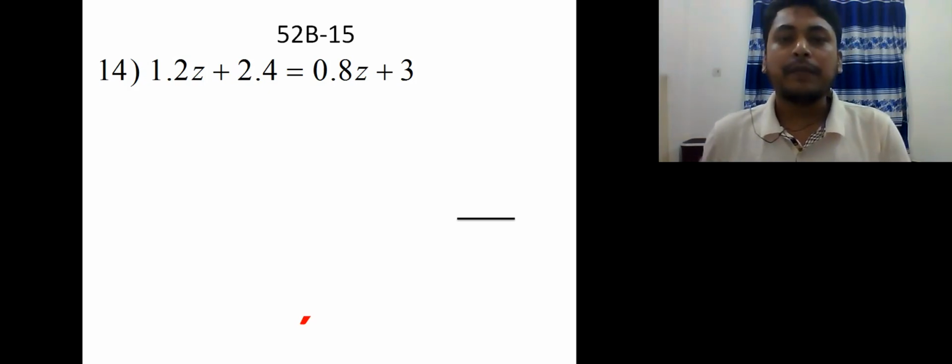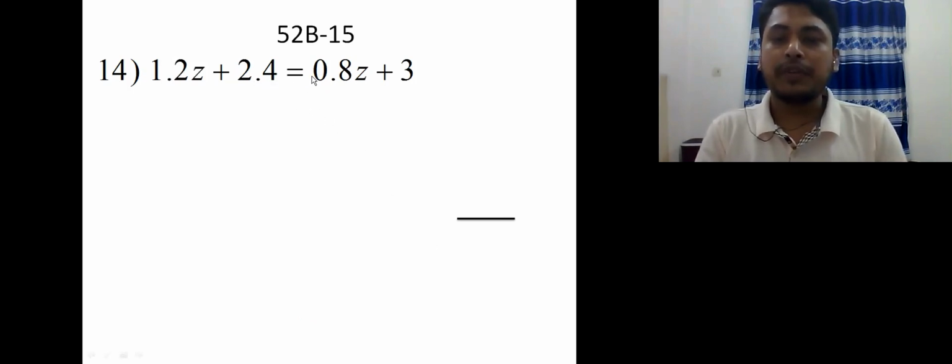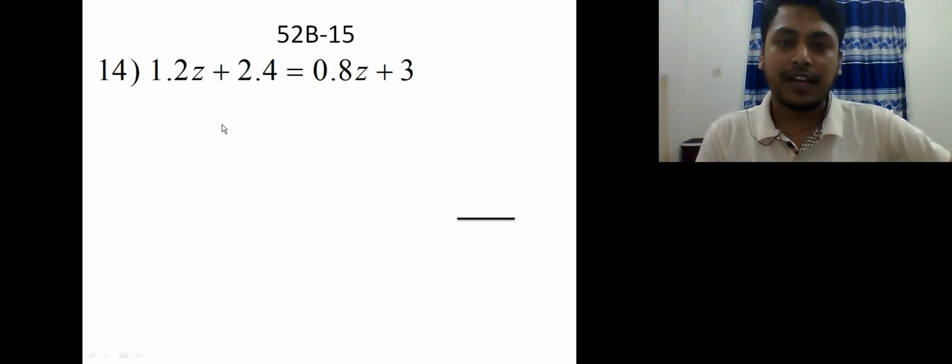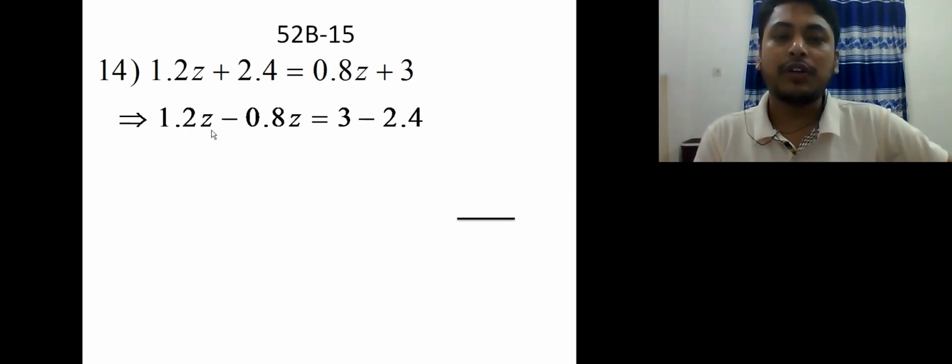So the 2.4 will go to the right-hand side and the 0.8z to the left-hand side. The next line will be 1.2z - 0.8z = 3 - 2.4.